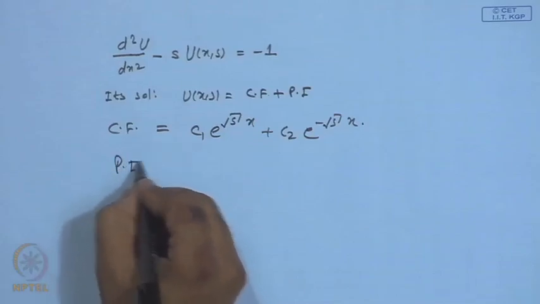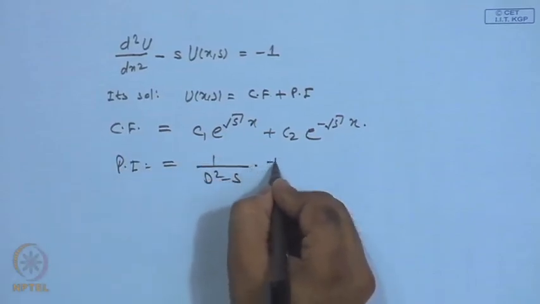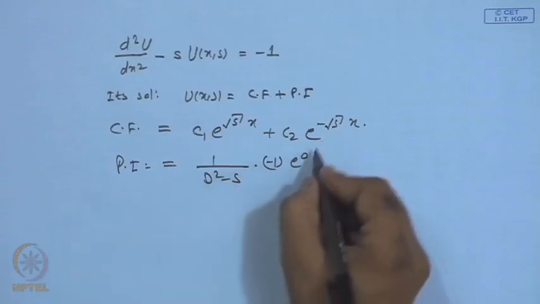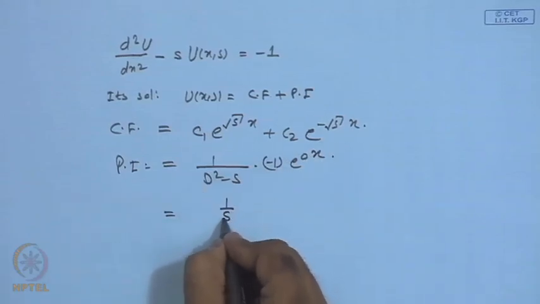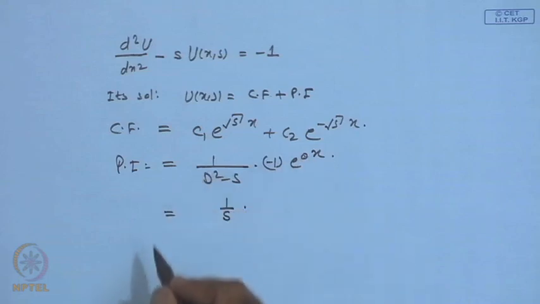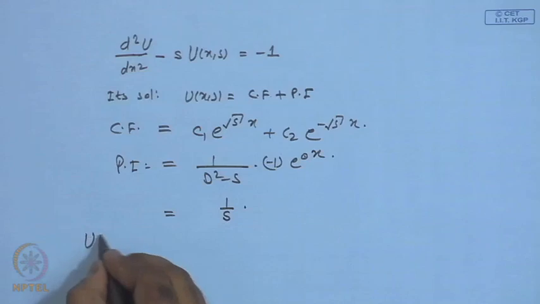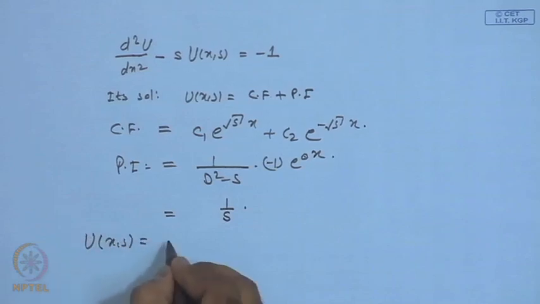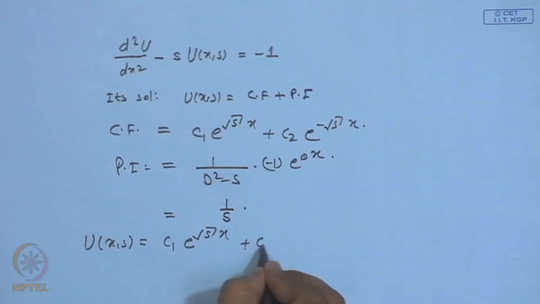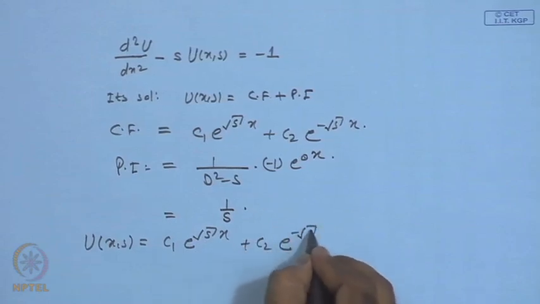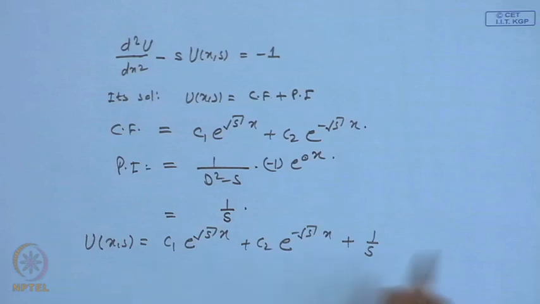For the particular integral, we have D square minus s, and we have minus 1 here, which we think of as e to the power 0 x, and then we put this 0 here, so we will get minus s. So, we have 1 over s. So, this solution u(x, s) is c1 e to the power square root s x plus c2 e to the power minus square root s x plus 1 over s, the complementary function plus the particular integral.